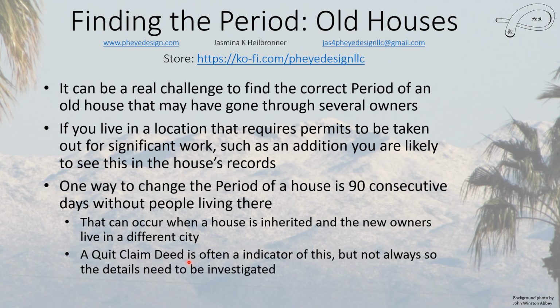Now, a quit claim deed, at least that's what it's called here in the United States, basically you quit your claim on a house. So if you want to give your house to your kids, you would often use a quit claim deed. And this is while you're still alive, of course, but this often happens when they come to take care of you, and you just don't want to deal with the hassle of the house and all the stuff.